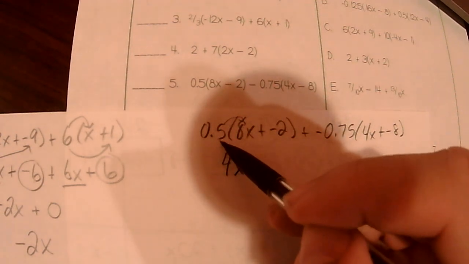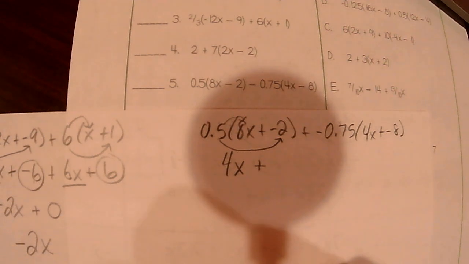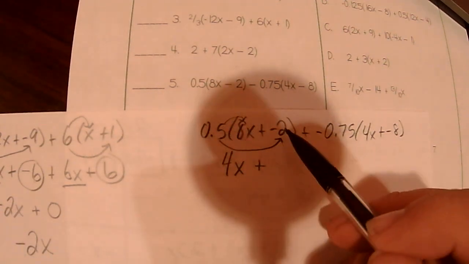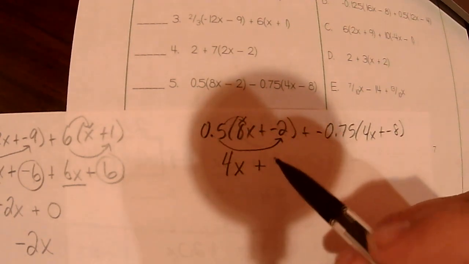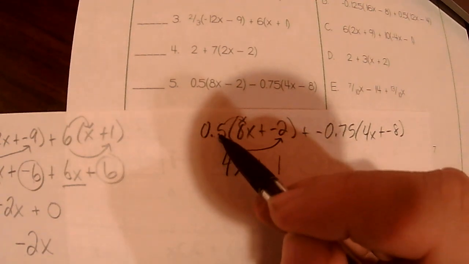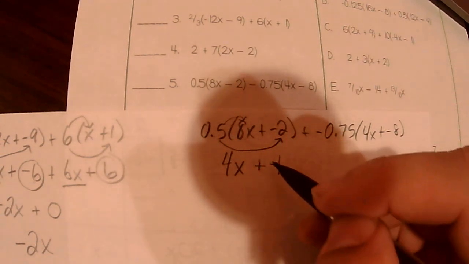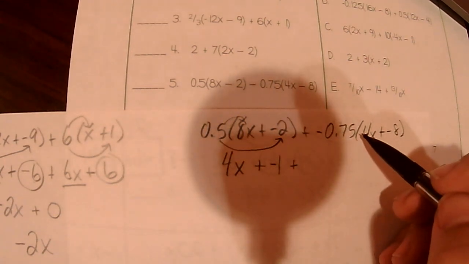Then we're going to multiply 0.5 times negative 2. Okay, so 0.5 times negative 2, well, 5 times 2 is 10. With one decimal place, that makes it 1.0, or just 1. And since we have a positive and a negative, that gives us a negative product. And we're back doing this again.